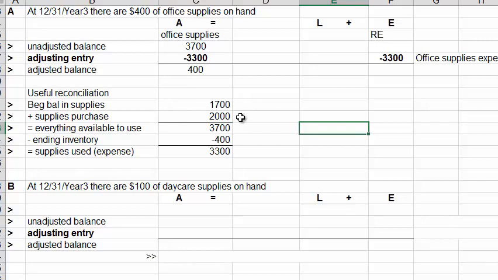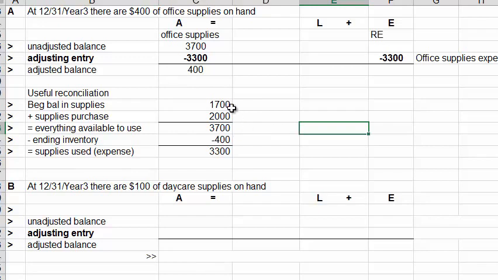You add the cost of all the supplies purchased throughout the year, here $2,000, then the total of those two things would be the cost of all of the supplies available to use during the year. It's doubtful you had $3,700 of supplies on the shelf at any given time. That's just the maximum amount of supplies that could have been used throughout the year.